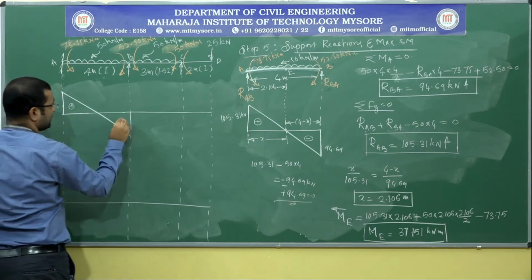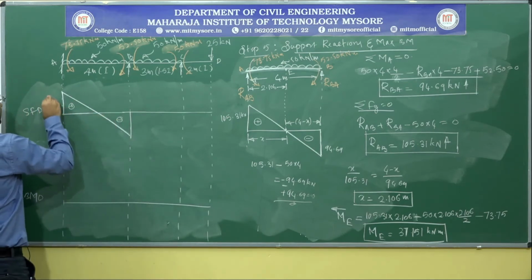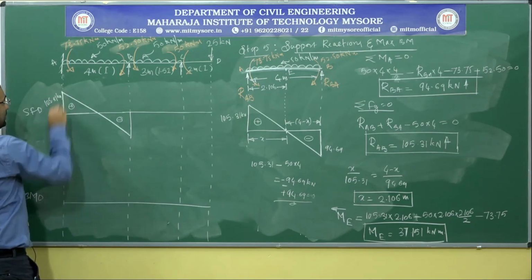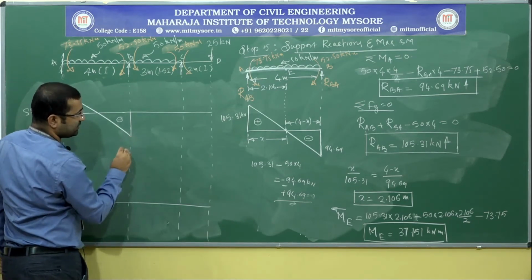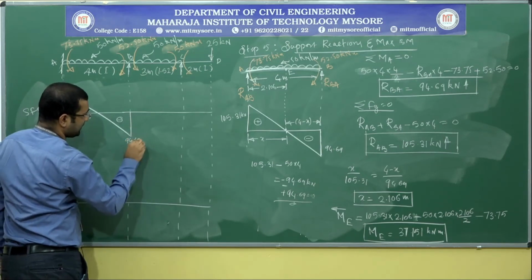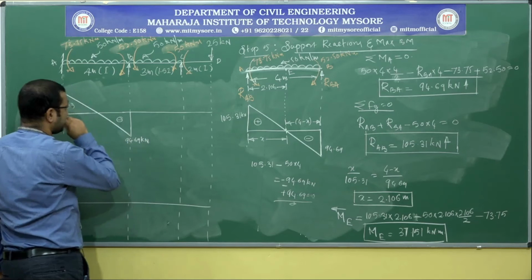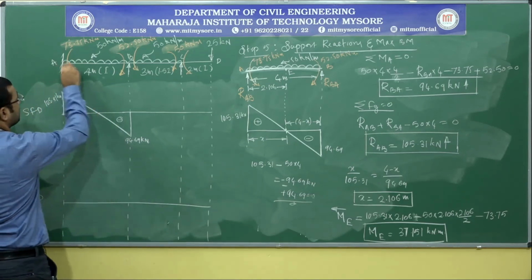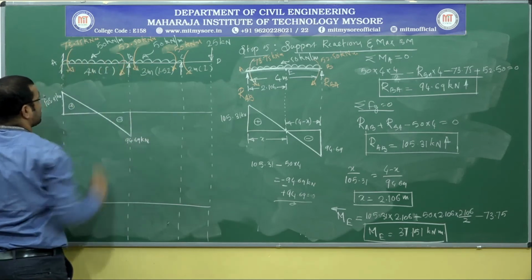It's a positive, it's a negative shear force, 105.31 kilonewton, and this is about 94.69 kilonewton. If you want to draw the bending moment diagram, you need to consider each span separately.